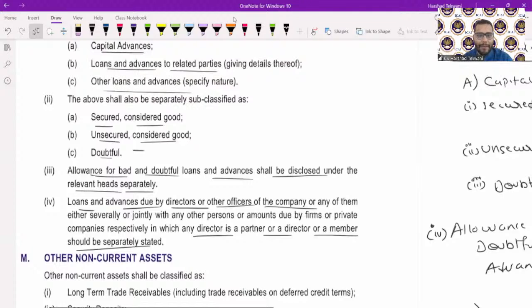That can be a capital advance. Clear? Any further doubt, guys? Okay. Thank you, Mahendra. Oh, no issues. Let me move forward then.